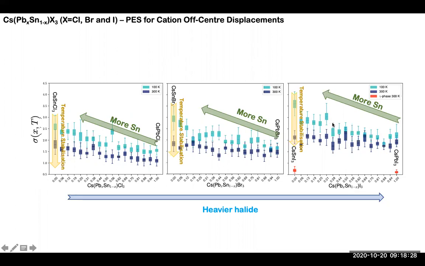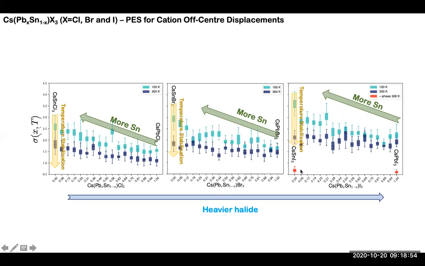And you can see that the anharmonicity reflects some clear trends. First of all, as you have more tin, the anharmonicity score goes up. That means the system behaves more anharmonically. Secondly, if you increase temperature from 100K to 300K, you can see that all the systems are stabilized by temperature, with a reduction in the anharmonicity score for all the compositions.